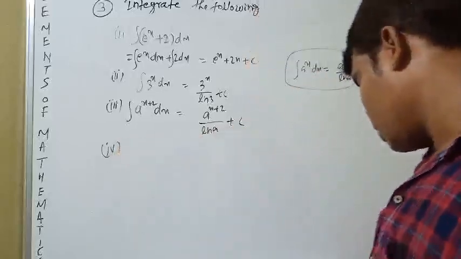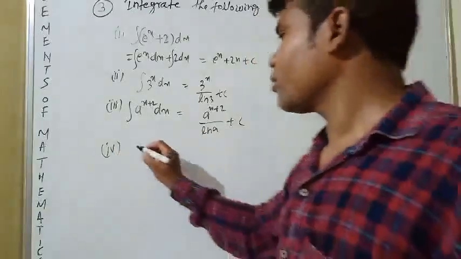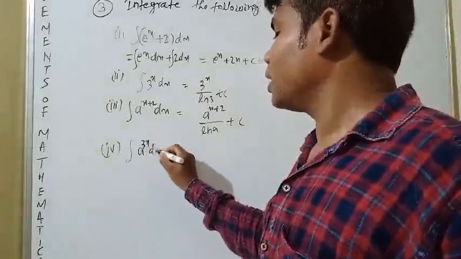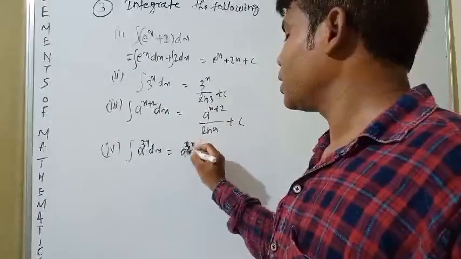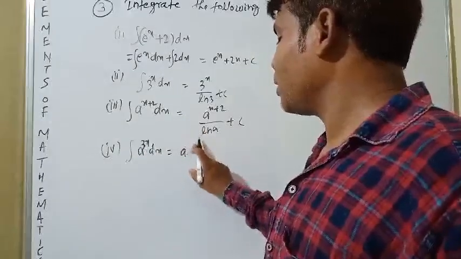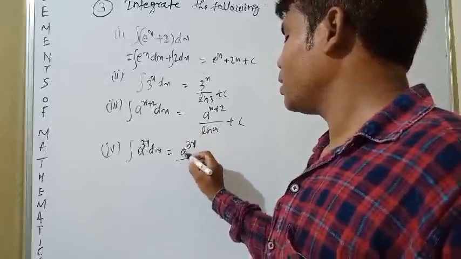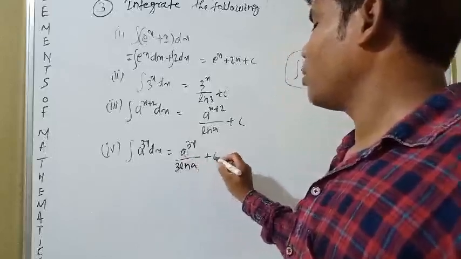Okay, the next question is integration of a to the power 3x dx is equal to a to the power 3x by 3 ln a plus c.